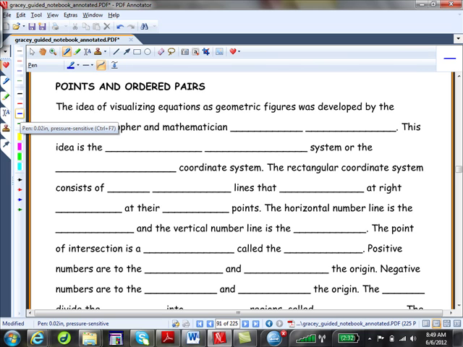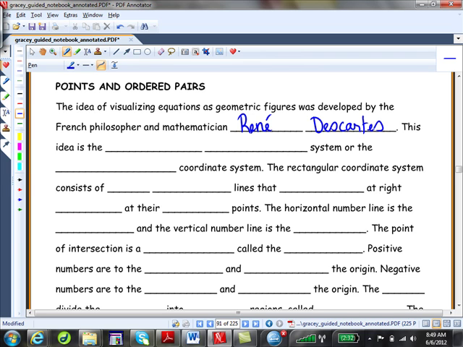The idea of visualizing equations as geometric figures was developed by the French philosopher and mathematician René, and I think it's pronounced Descartes.